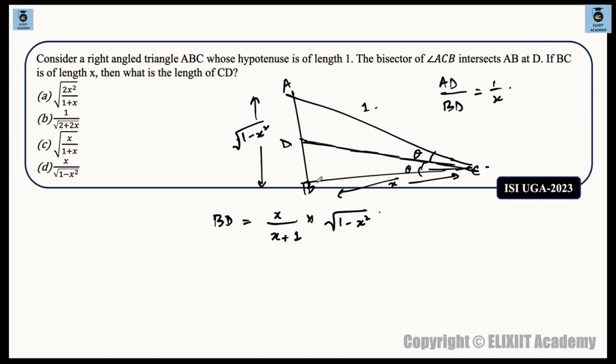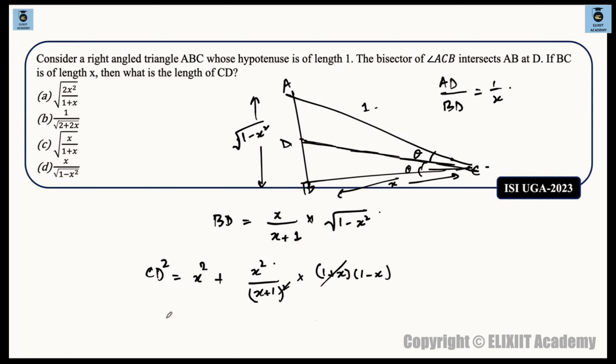Now BD is known to you, BC is known to you, so once again simply use Pythagoras theorem, you'll get CD square. CD square will be x square plus x square upon x plus 1 whole square into root over of 1 minus x whole square, which is 1 minus x square, which is 1 plus x into 1 minus x, so one of this will cancel out, right? Now we have to just simplify this thing.